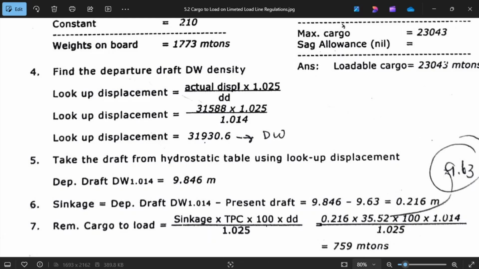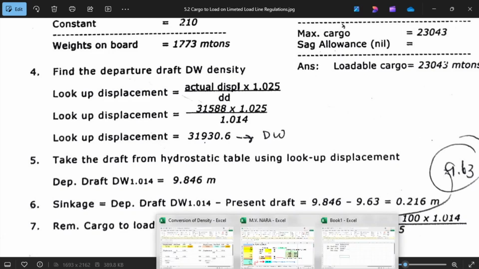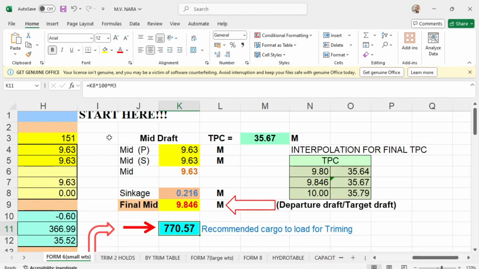So I go back to the formula. It says K8, which is sinkage, times 100 times M3, which is TPC of 35.67, and the value will be 770.57. Okay, that will be the amount of cargo you are going to load to have a draft of 9.846.